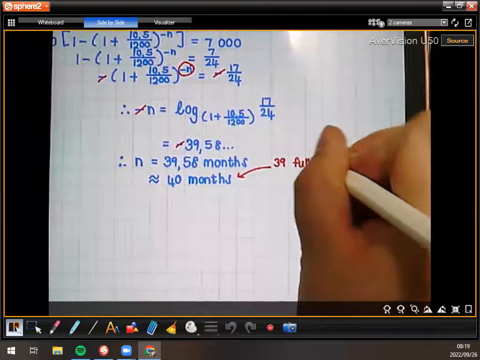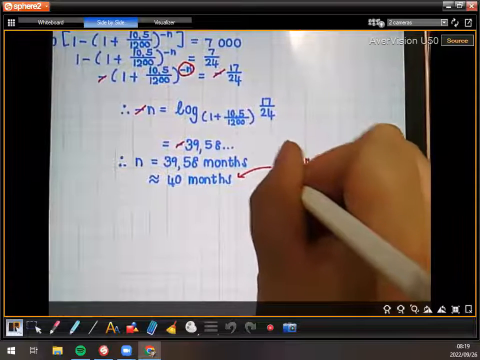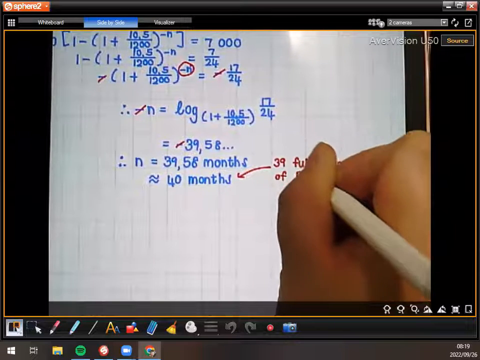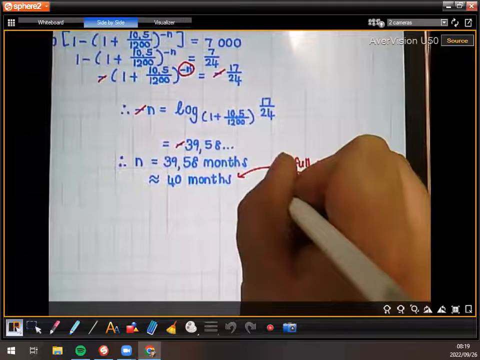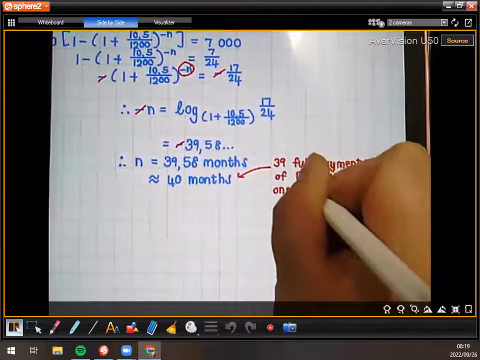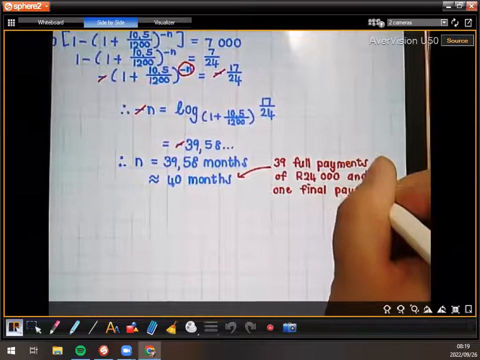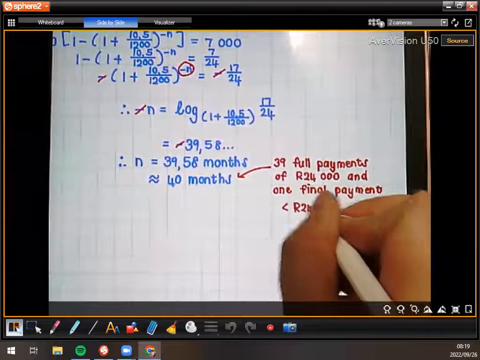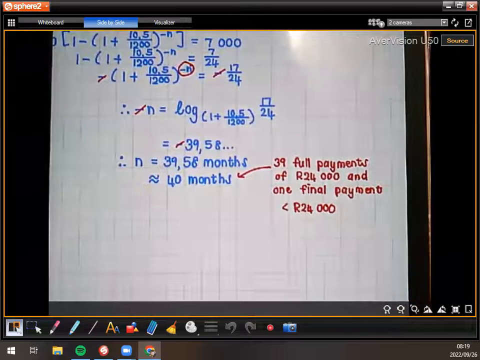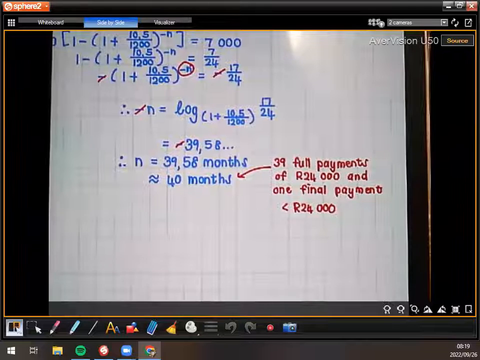So this is going to be 39 full payments of 24,000 Rand and one final payment which is going to be smaller than 24,000. And that is what we're going to have to calculate next. We're going to actually have to calculate how much that last payment is going to be.